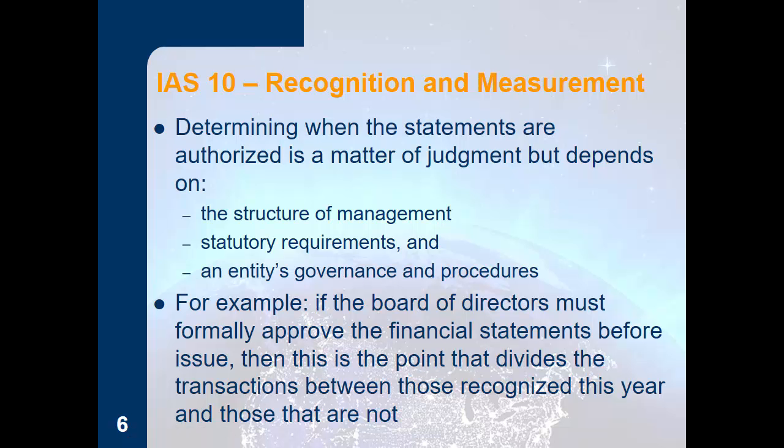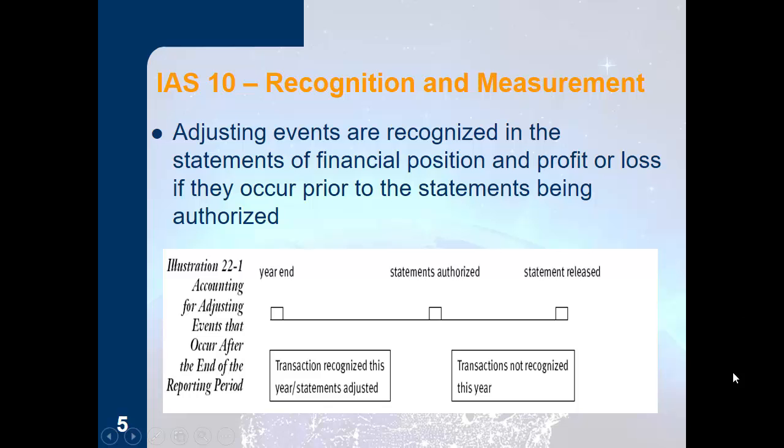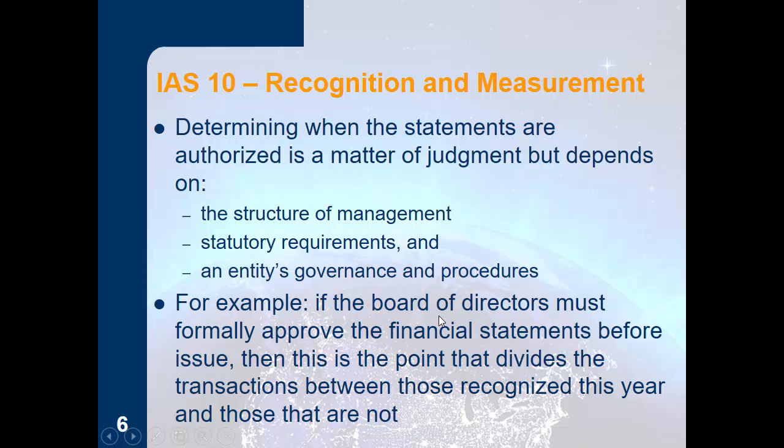So the critical point in time is when are the statements authorized? And determining when that happens is a matter of judgment. It depends on things like the structure of management. It depends on statutory requirements, and it depends on an entity's governance and procedures.